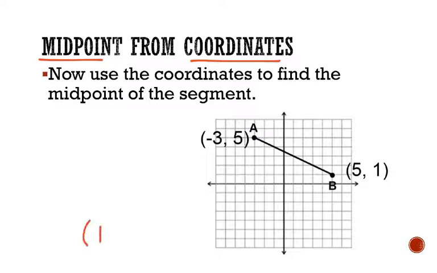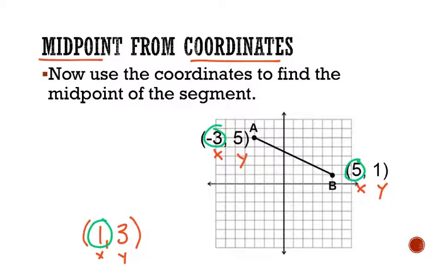We know that our midpoint is 1, 3, and so taking a look at our x's and our y's here, how might you go about getting a 1 from a combination of -3 and 5? The distance between -3 and 5 is going to be 8 pieces, but if you want halfway between that, there's 4 of them.